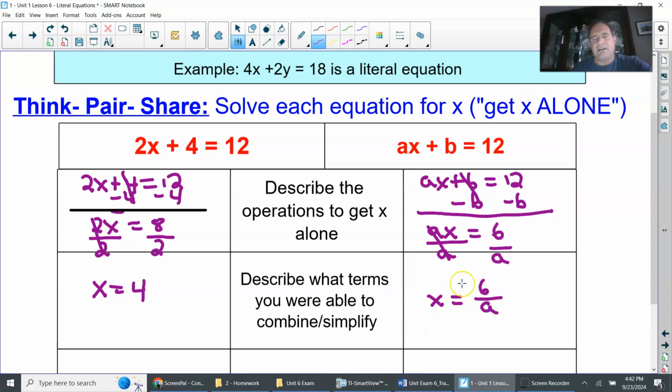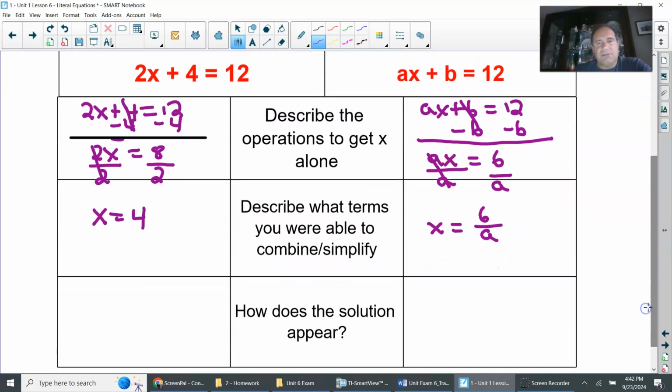And that's kind of like what the answer is when you're solving for a literal equation. X equals 4, x equals 6 over a. And that's it. So it appears that this has one solution, and it appears like x equals 4. And this is kind of like an expression.